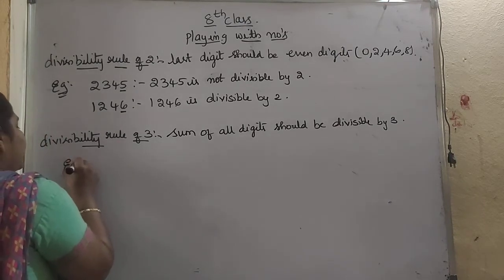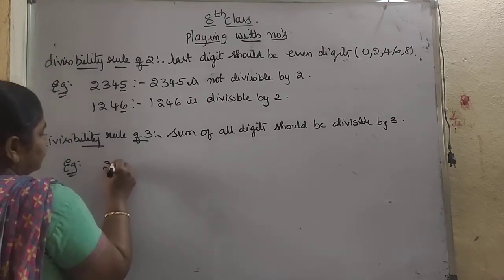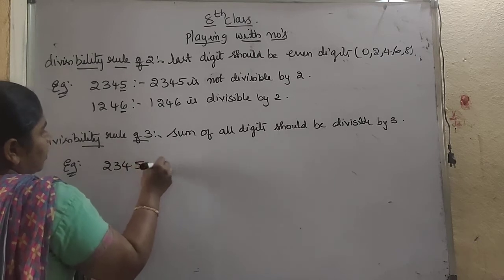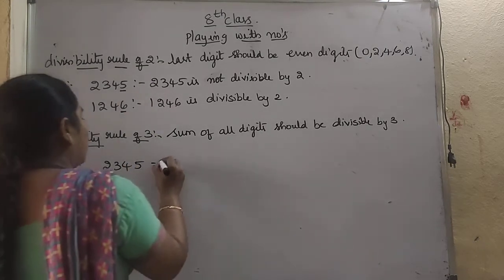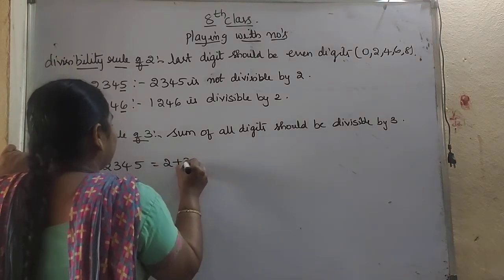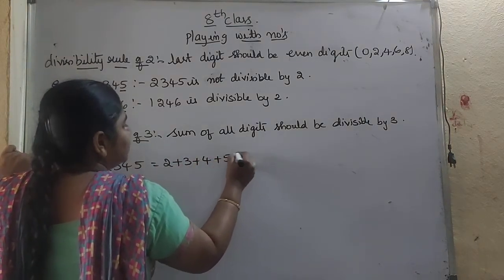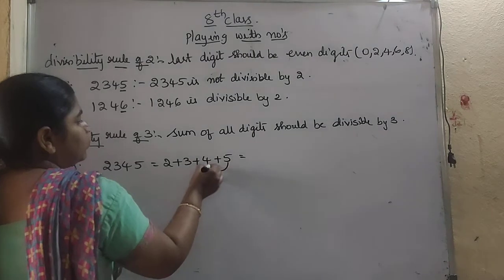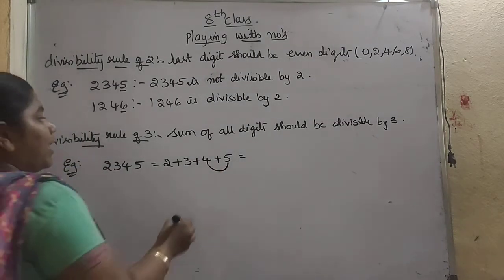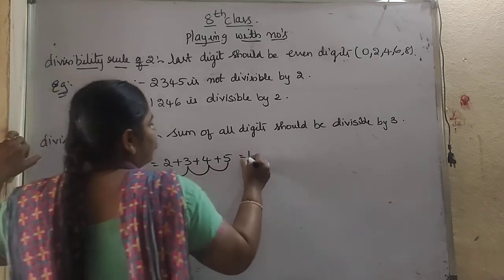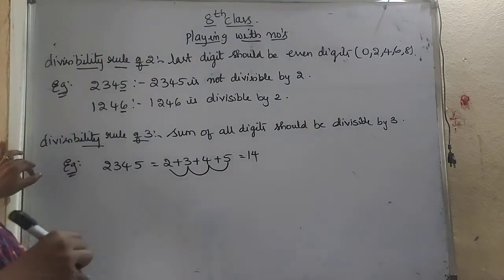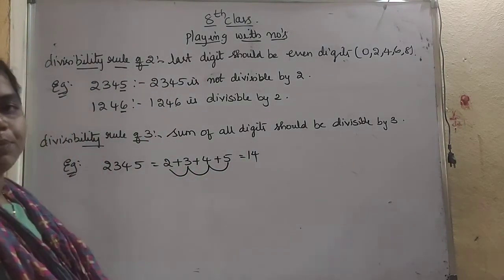So for example, again the same number I am taking here. Add all the digits, that is 2 plus 3 plus 4 plus 5. So 5 plus 4 is 9, 9 plus 3 is 12, 12 plus 2 will be 14. Is 14 a multiple of 3? No, 14 is not a multiple of 3.